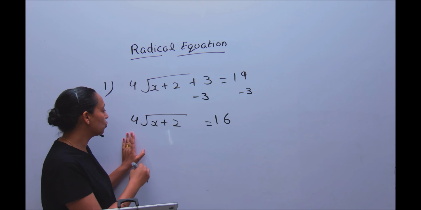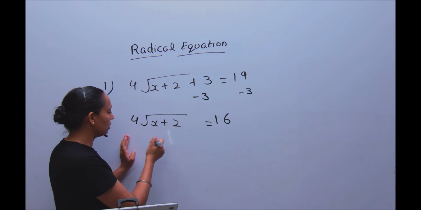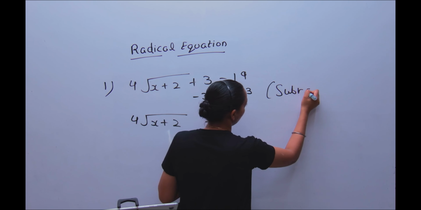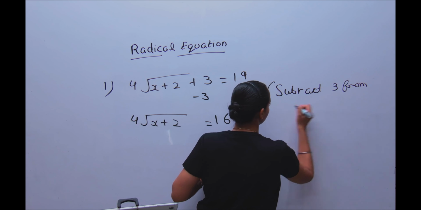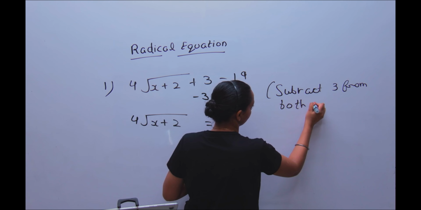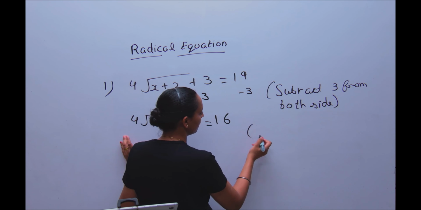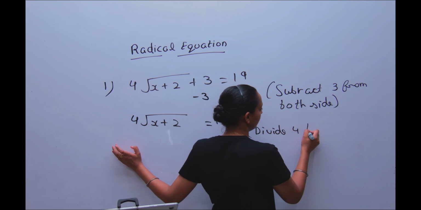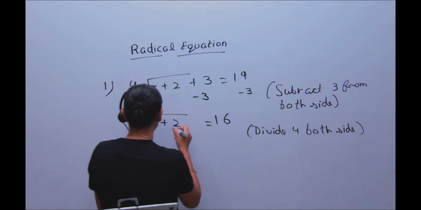Another thing we have to do: now we have to divide both sides by 4. You can also write here subtract 3 from both sides. Now for this step, divide both sides by 4.